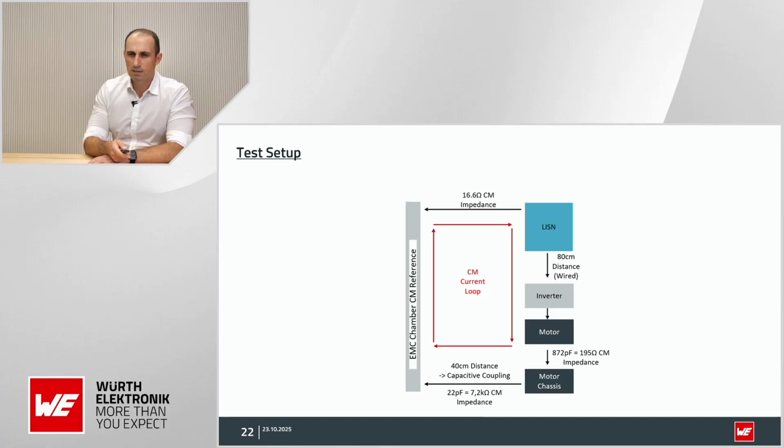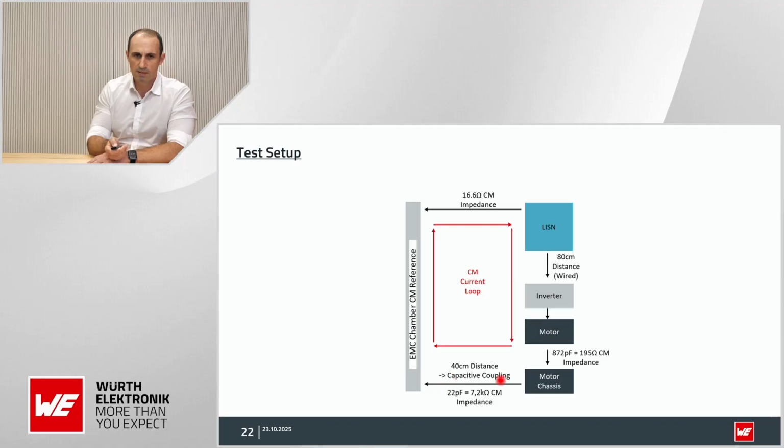Also important to understand is the common mode current loop because of the whole setup inside the chamber. We already know the impedance of the LISN against the EMC chamber. We have the wiring and we have the inverter, and the inverter is inside the motor chassis. The motor chassis, inverter and the motor windings against the motor chassis provide us a coupling path, which we measured with an LCR meter. This is a stray capacitance from especially the windings against the chassis of around 870 picofarad, which results in roughly 200 ohm of common mode impedance inside the motor and the motor against the EMC chamber.